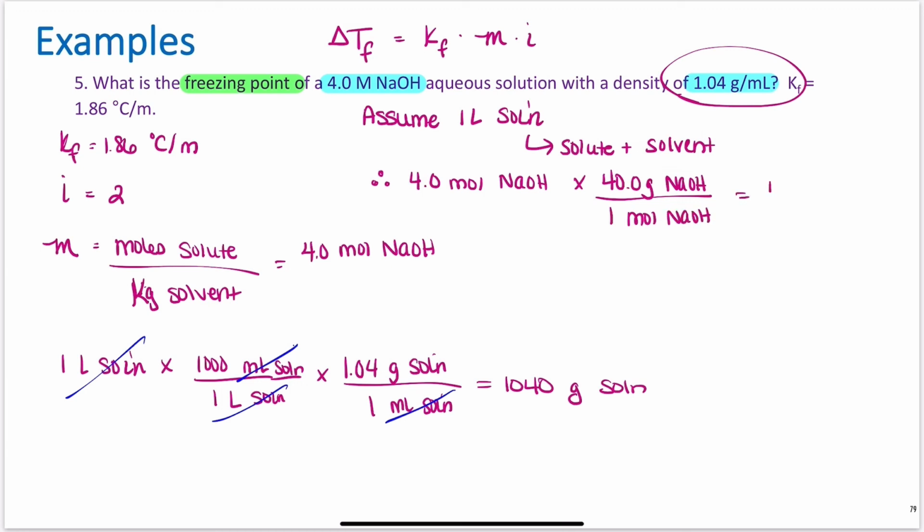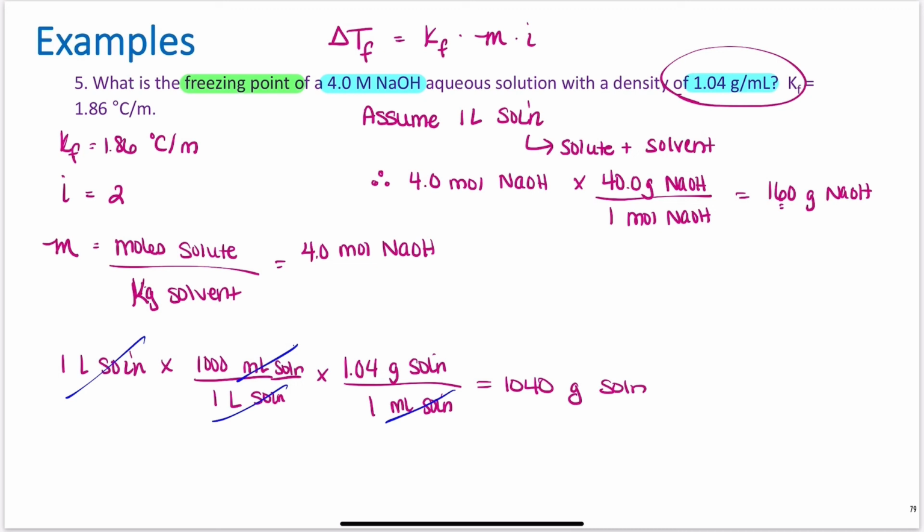Four times 40 is equal to 160. Sig figs are here. 160 grams of sodium hydroxide. Do pay attention to where your sig figs are, because with addition and subtraction, this can get messy.